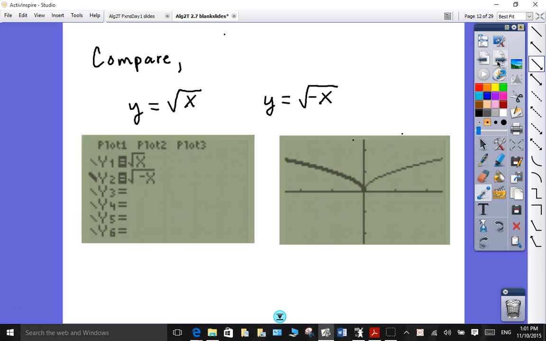Need some help, Sean? What are you trying to put in? Square root?